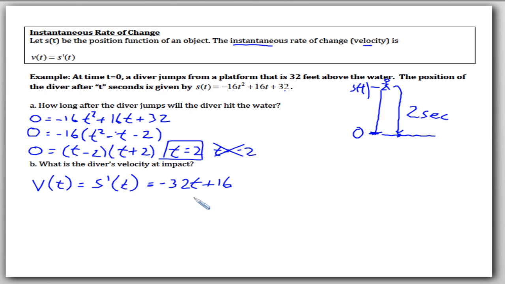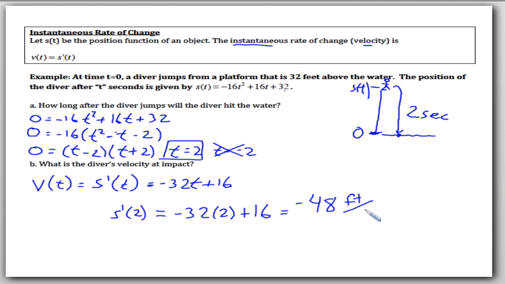So all we're going to have to do is plug 2 into this equation. So we want s prime of 2, and that equals negative 32 times 2 plus 16, giving us negative 48 feet per second. So that is how we can apply this idea of derivative to some real-world examples.